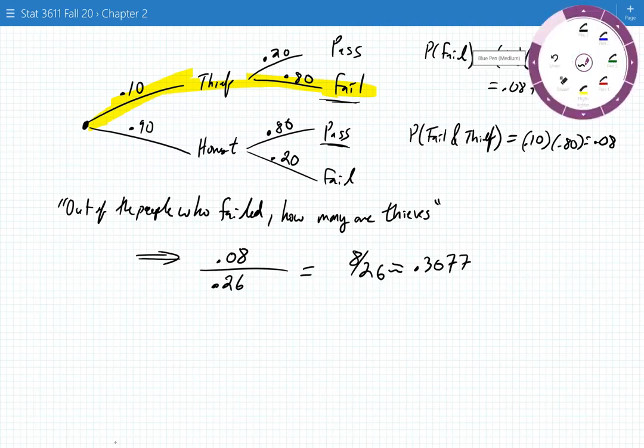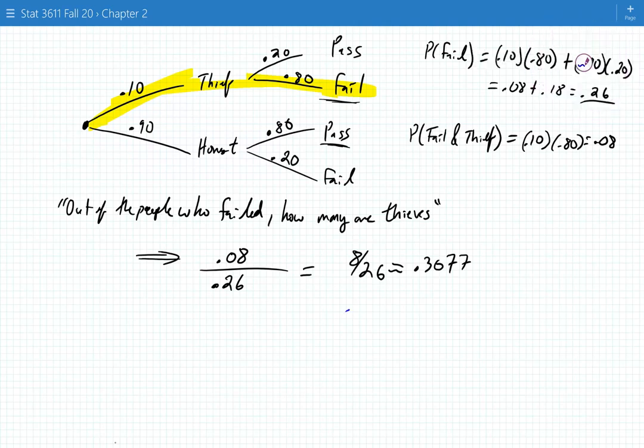So in reality, we should expect 13 times 0.3077, or 4 people. We expect 4 people to be thieves out of the 13, which is maybe a lot less than one would initially imagine.